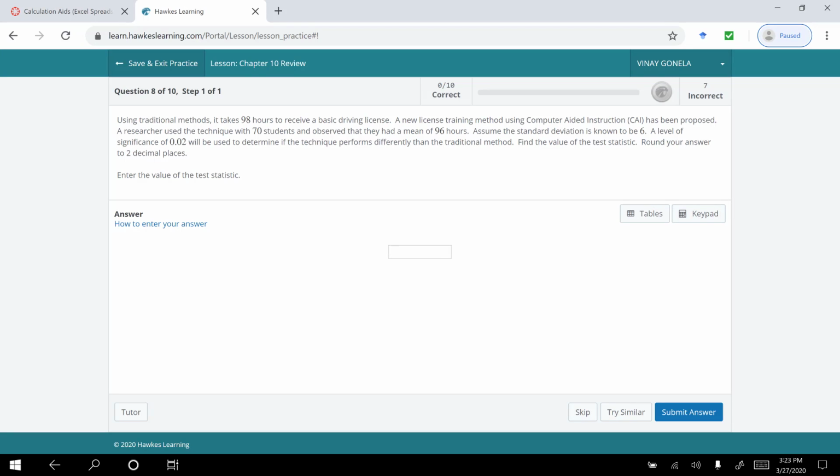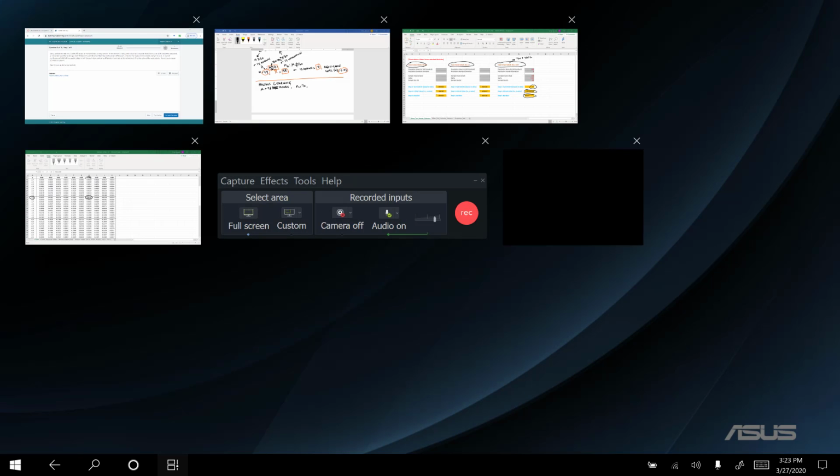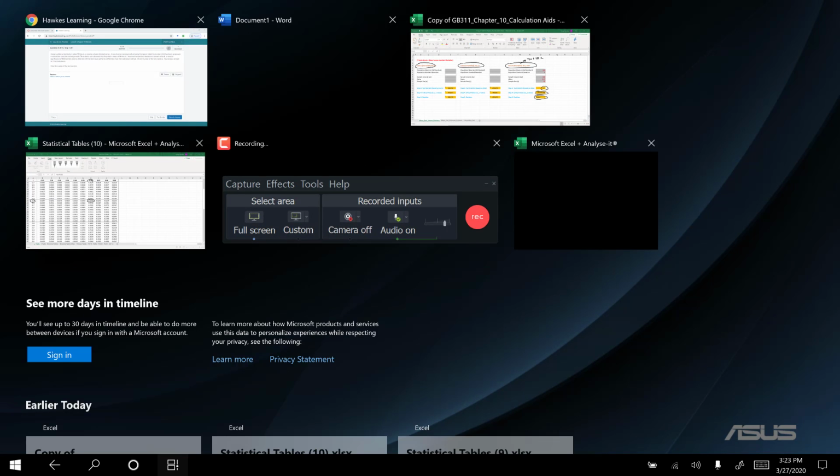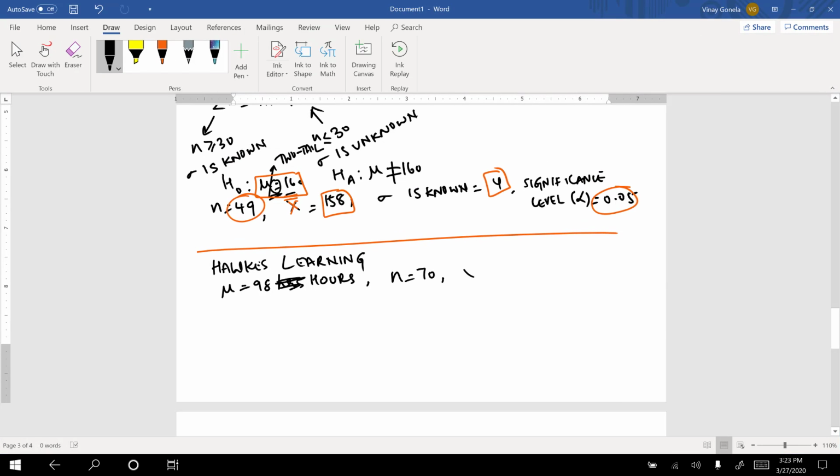So the sample mean is 96 hours, so x bar is 96 hours.